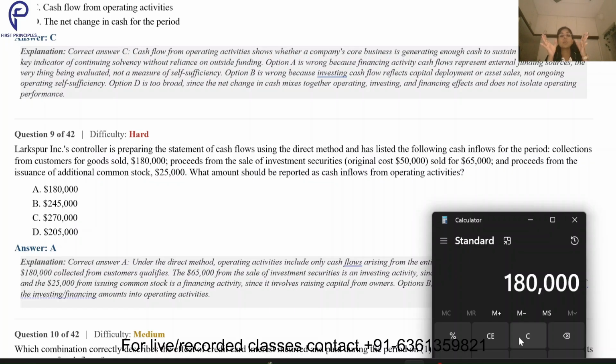No. Why? Because it will be reported as an investing activity. Then proceeds from issuance of additional common stock. Issuing of common stock will be reported where? It will be recorded in my financing activity. So that's why only 1,80,000 will be reported as my operating activity.